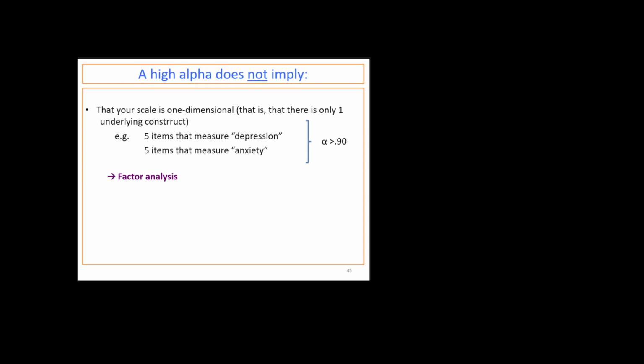But if you perform factor analysis, a more complex analysis, then you will see how many dimensions your construct really has. And after you performed your factor analysis, you have to do the Cronbach's alpha reliability analysis again. But we're not talking about factor analysis today, but it's something that you should know, that a high alpha does not mean you only have one dimension.